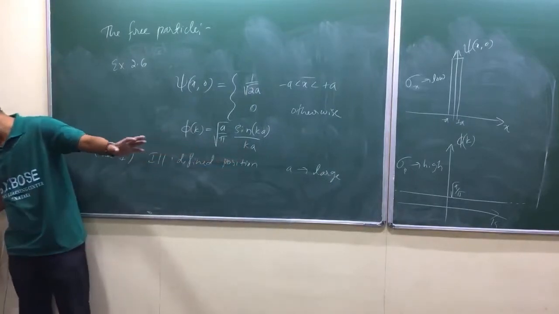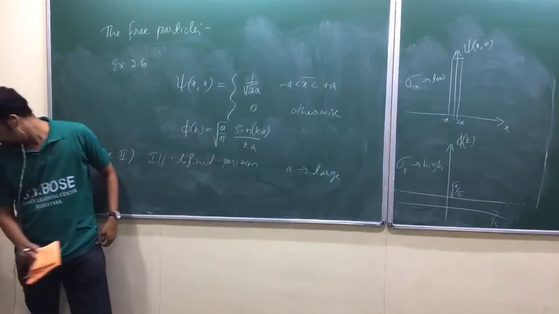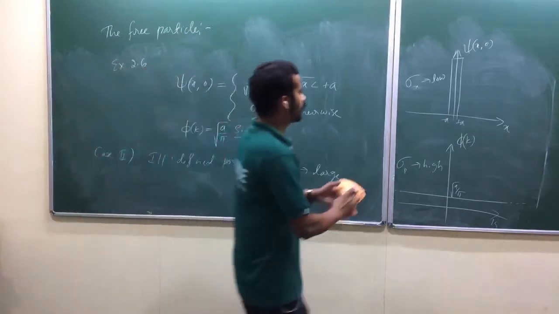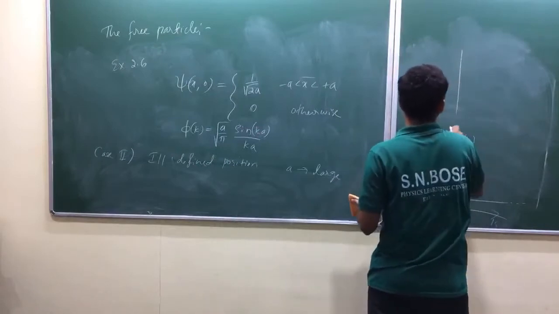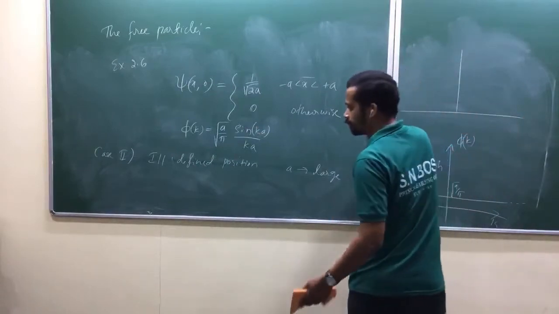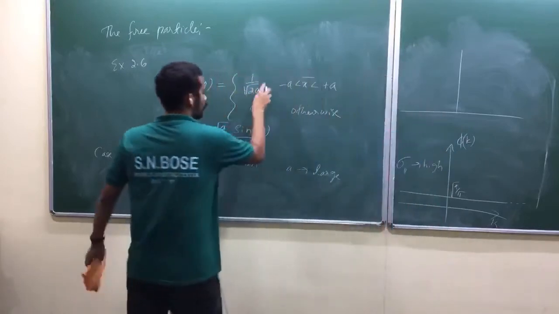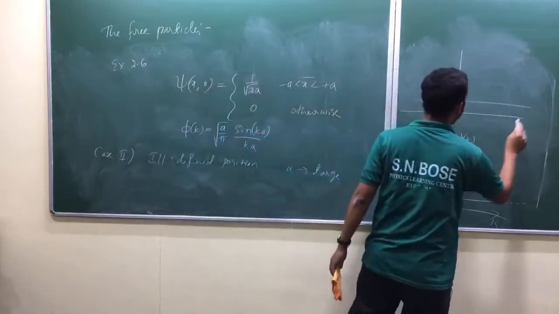It's an approximation. If A is large, what would happen to this one? Psi of x comma 0. A is very large. Let me take A as very large. If A is very large, this height is low, isn't it? It will happen to be like this.